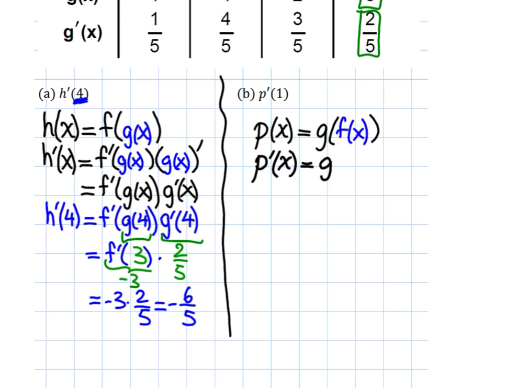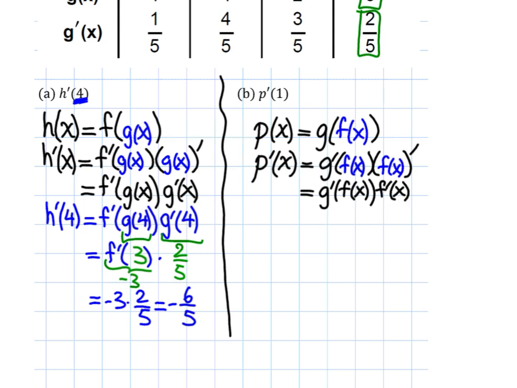It is going to be the derivative of the outside function and then the derivative of whatever is inside of it. So we have g prime of f of x, f prime of x.